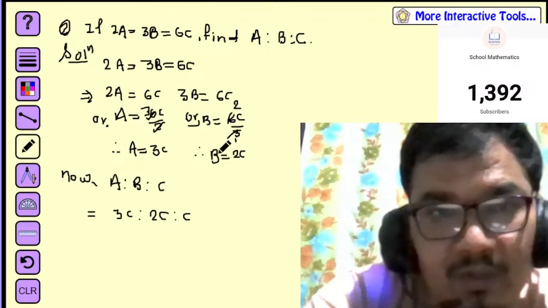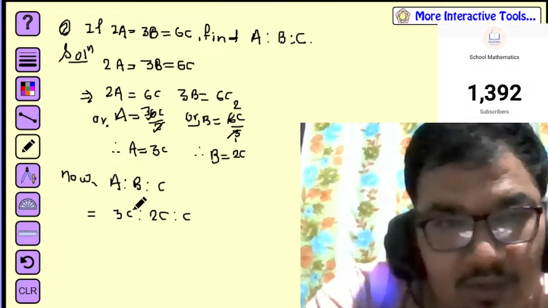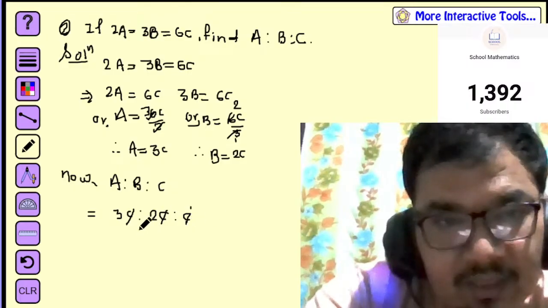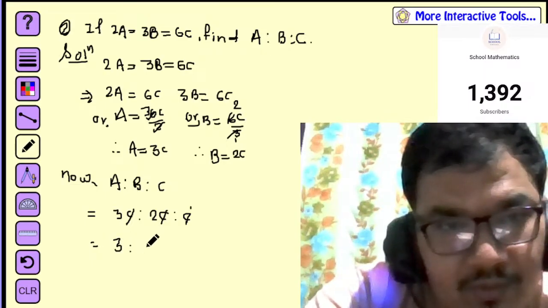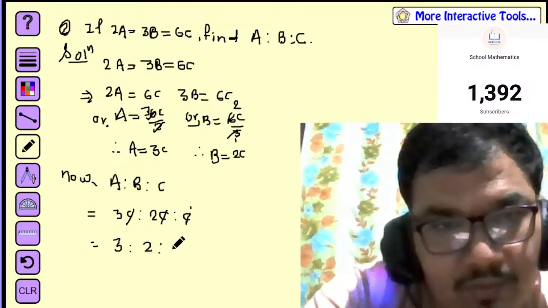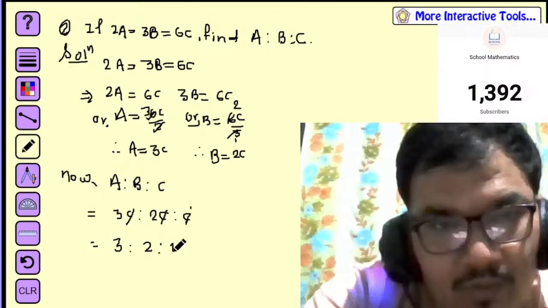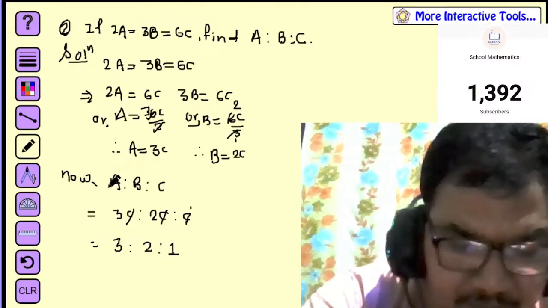Now a and b both came in terms of c, and we wrote c the same. Then we can cancel all the c. Then what is the ratio coming? Look there: 3 is to 2 is to 1. This is the ratio of a is to b is to c.